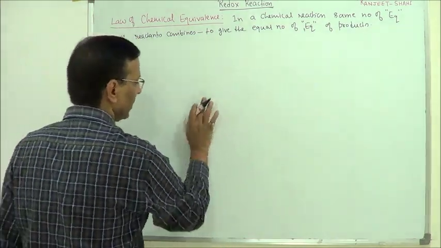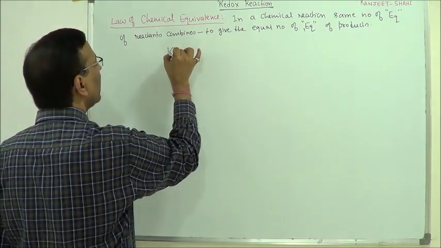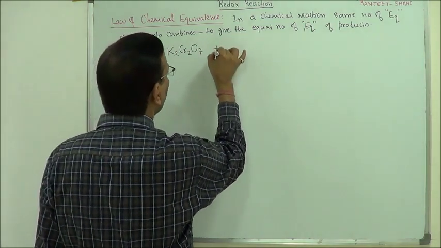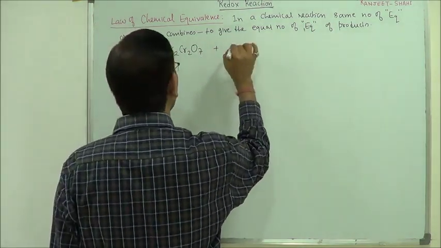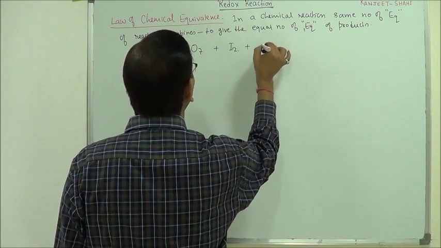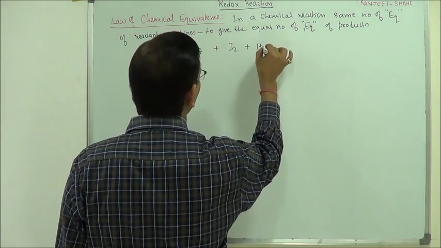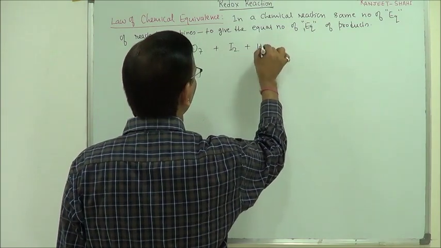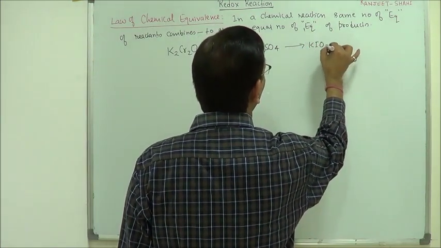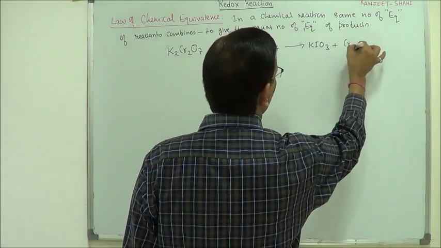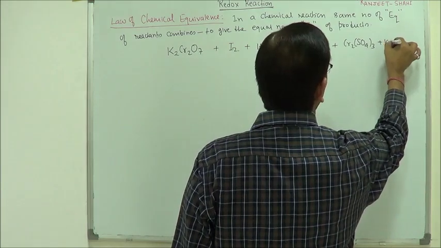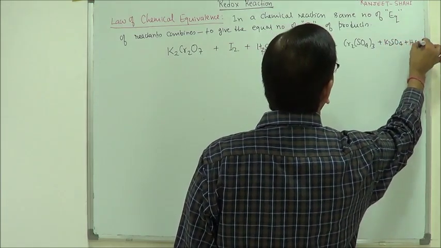So if we take a redox reaction like K2Cr2O7 plus, say, iodine in acidic medium, gives KIO3 plus Cr2(SO4)3 plus K2SO4 plus H2O.